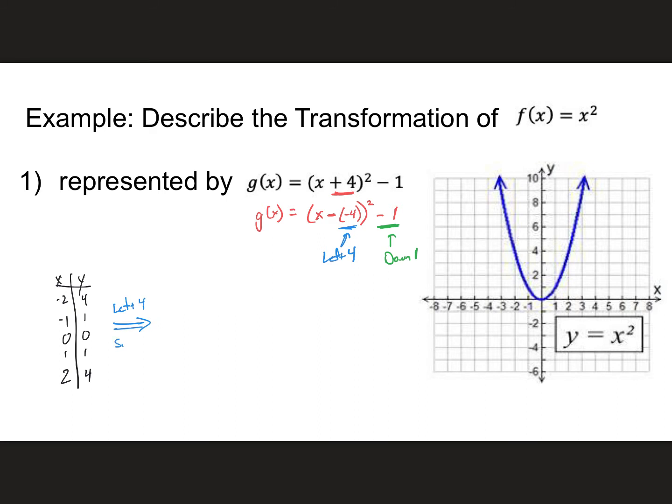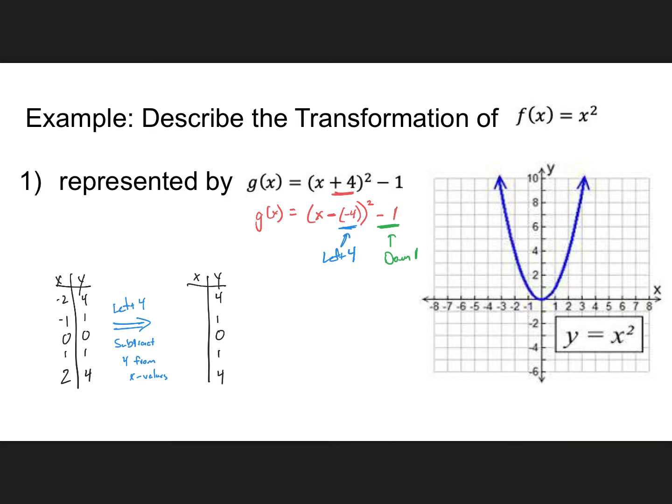That means I'm going to subtract 4 from my x values. Because if I'm moving it to the left 4 units, all of the x values are becoming smaller and smaller. That means my y values are not going to change at all, so I can fill those in first. But my x values are all going to be reduced by 4.